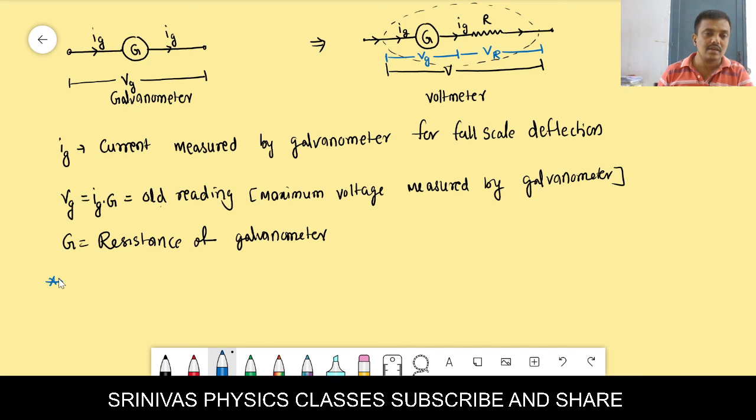Let us write the terms. What is V in this?